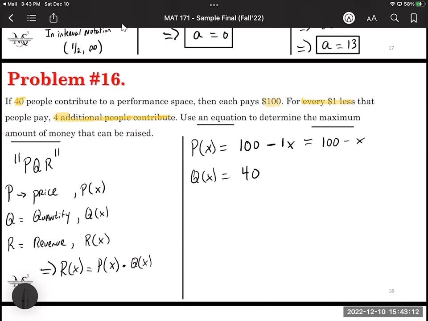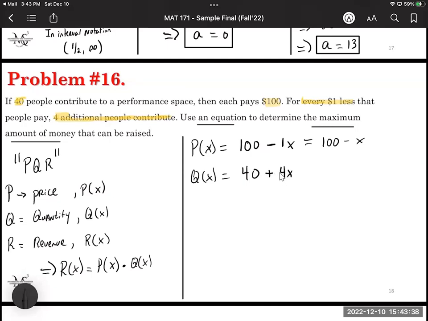Now, because there's this relationship, every time there's $1 less that people are paying, how many additional people join? 4 additional. Additional means that I have to add, so I'm going to be adding 4. But is it just going to be 4, or is it going to be 4x?